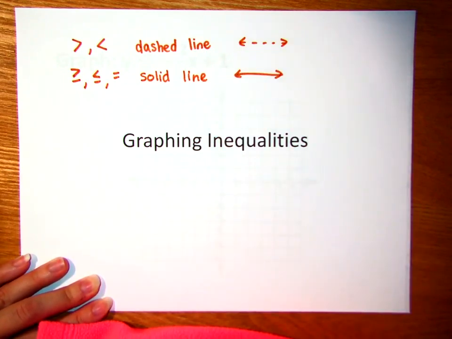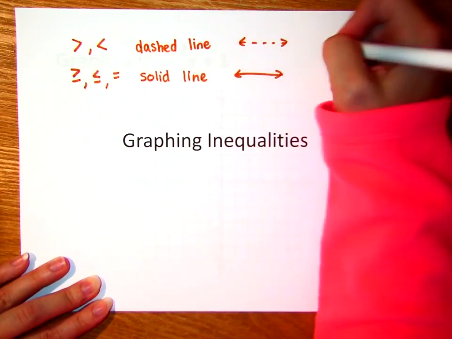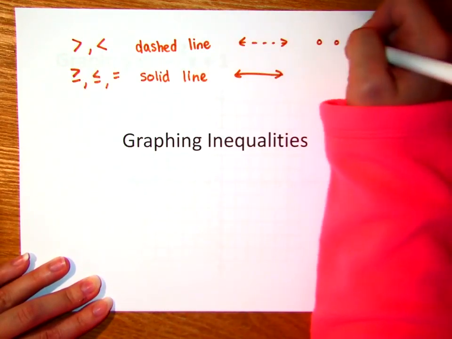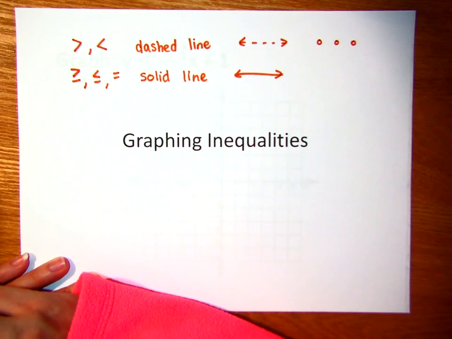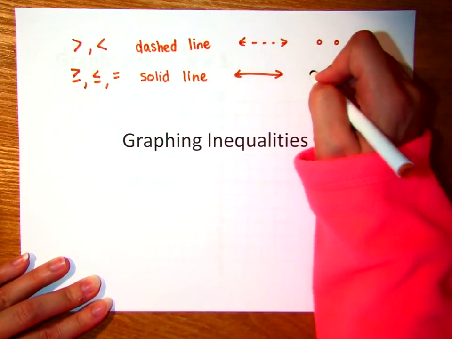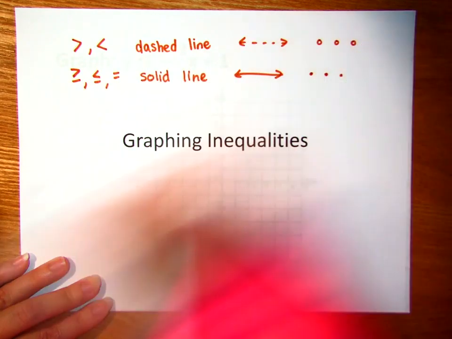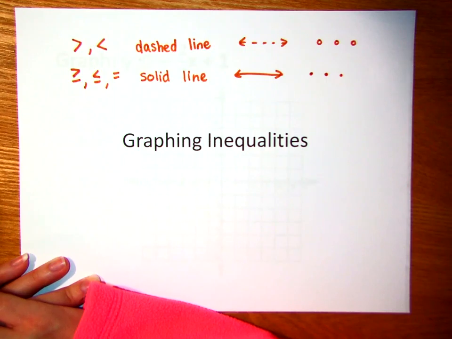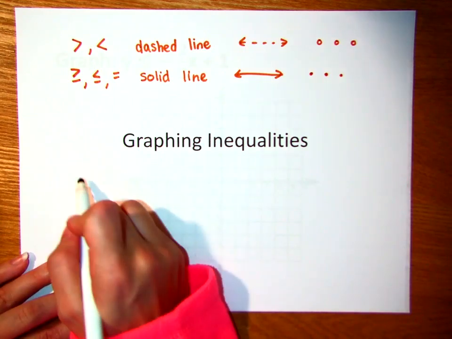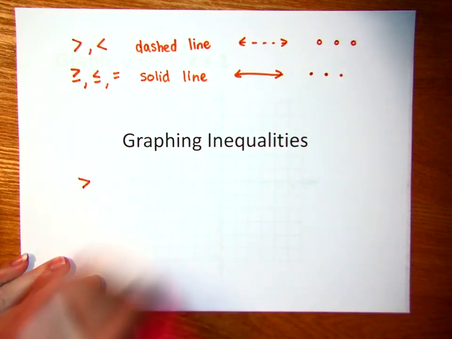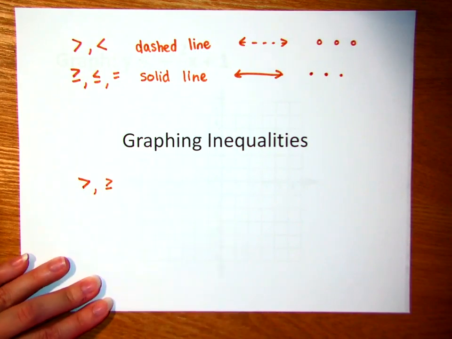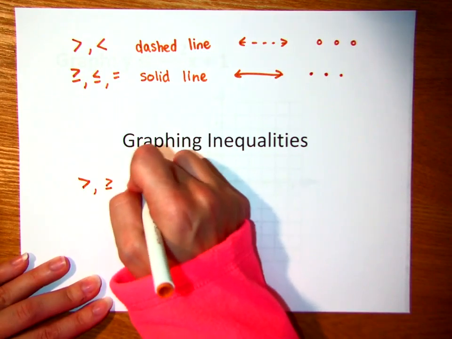These also relate to the types of dots you would use to plot your points. The dots for this one would not be filled in. They would be open dots. Versus if you have an equals involved, they'll be closed dots, solid dots. Now, if you see the symbol greater than or equal to, it means you're going to shade above.